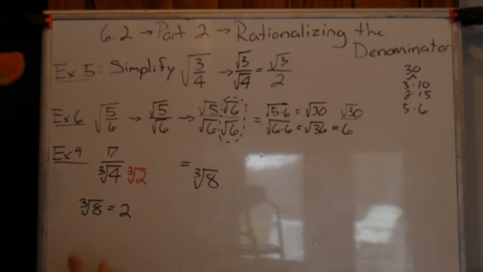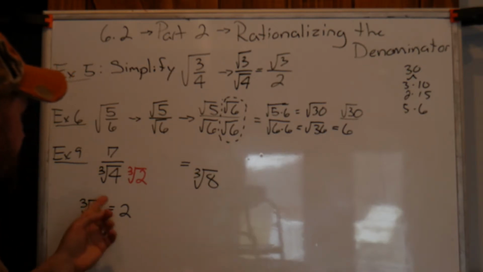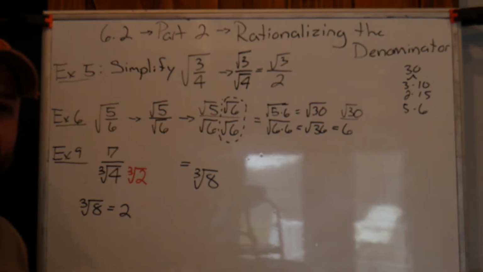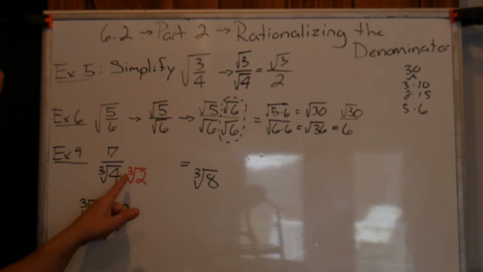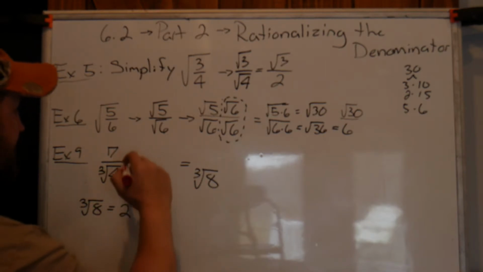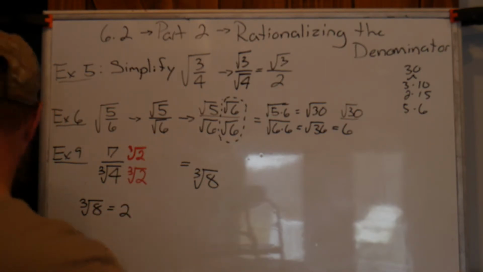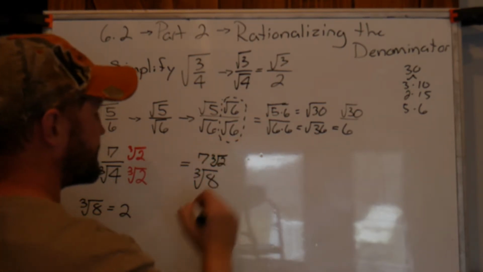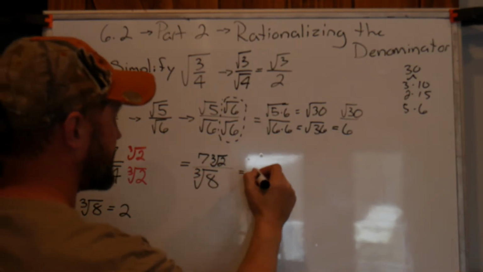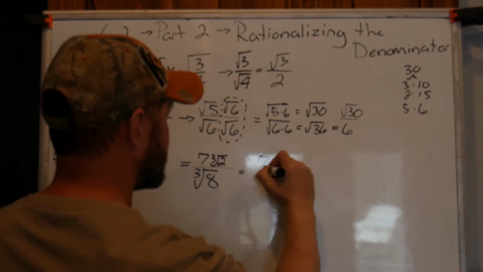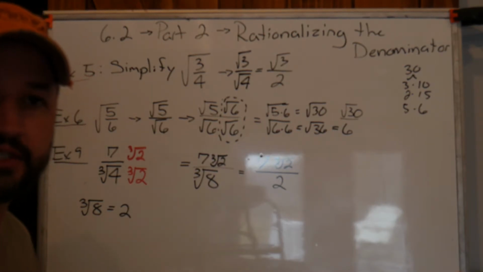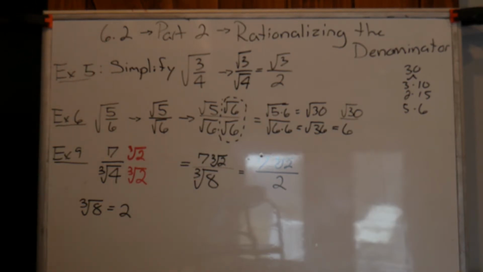When I first learned how to do them, I would try multiplying cube root of 4 by cube root of 4 and getting 4. Then I realized that doesn't work. So cube root of 4 times cube root of 2 gives me a cube root of 8. Up here I multiply by the cube root of 2, and I end up with 7 times the cube root of 2 over cube root of 8, which is 7 cube root of 2 over 2. That's my answer. It's a little tricky, and apparently the charger did not charge my battery because I'm dying.